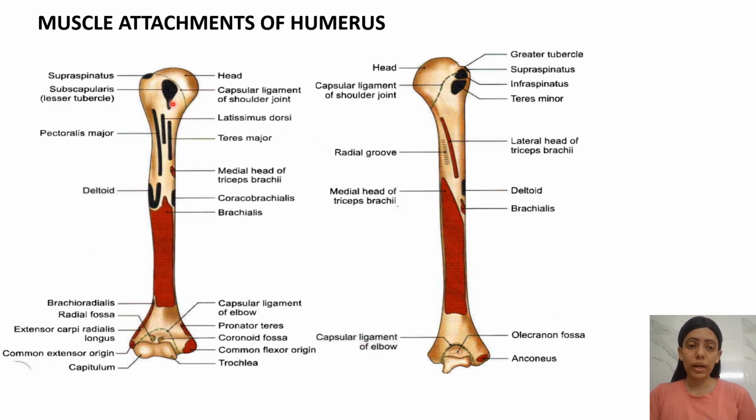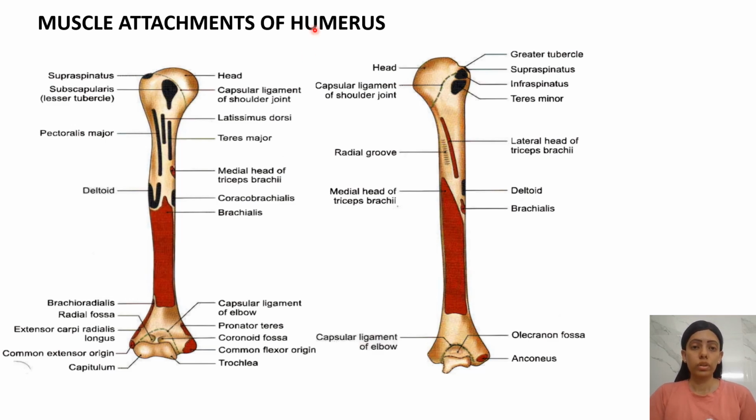So, bicipital groove or intertubercular sulcus has three muscle insertions that are PLT. Remember, it is from lateral to medial. PLT: pectoralis major, latissimus dorsi, and teres major. On greater tubercle, there is teres minor, and on intertubercular sulcus, there is teres major.